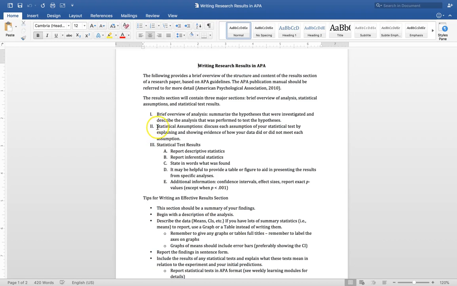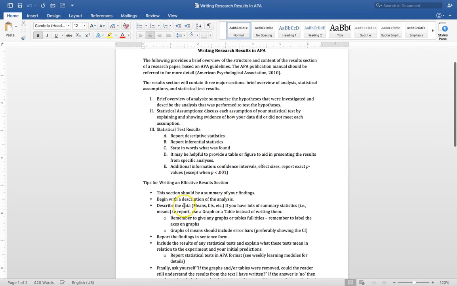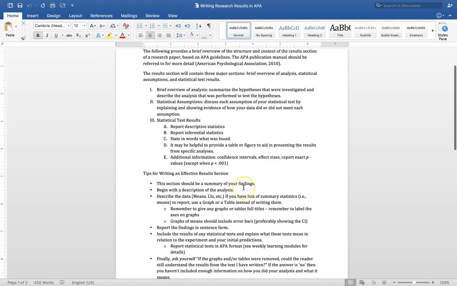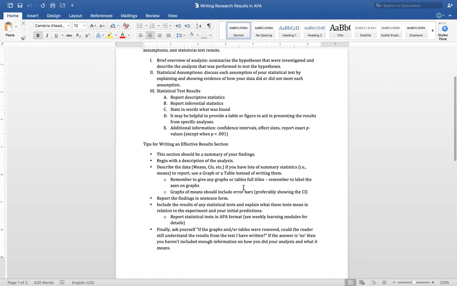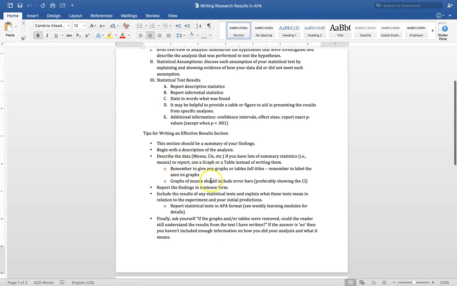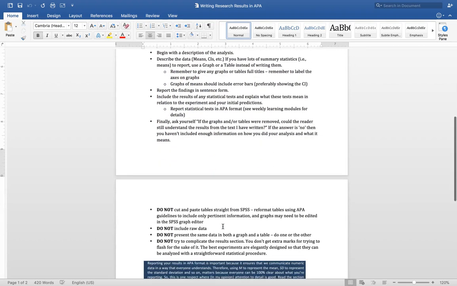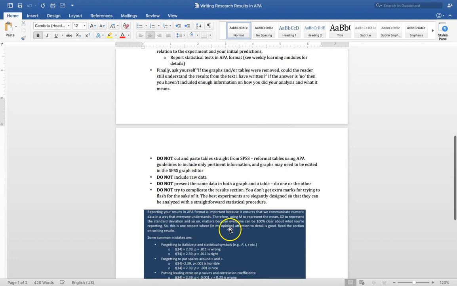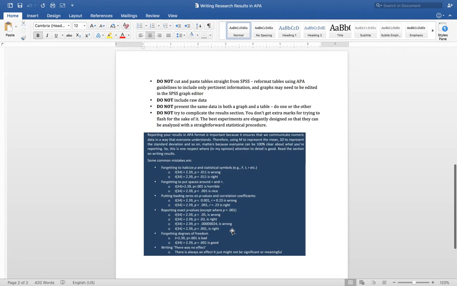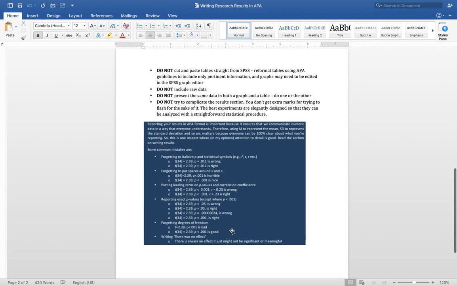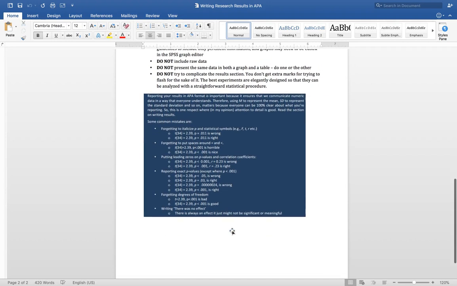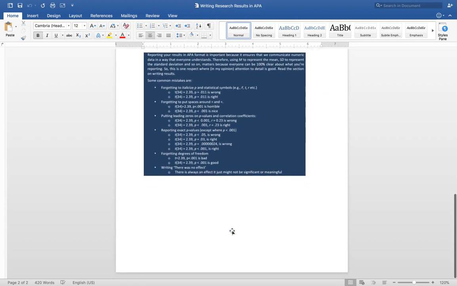And so if you cover each of these sections, you are meeting the requirements for the rubric. And here are some tips for writing an effective results section. So please go through this information. This gives you lots and lots of helpful tips. It shows correct ways to format it in APA.